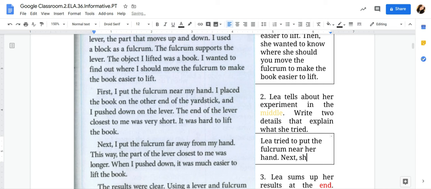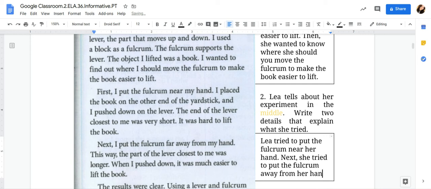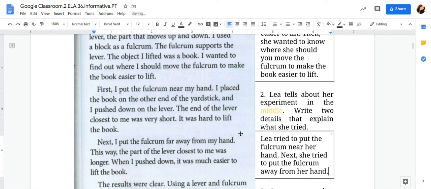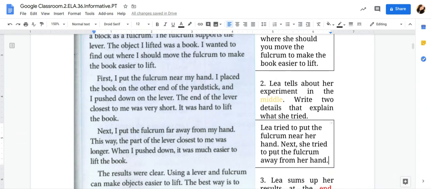Next, she tried to put the fulcrum away from her hand. So she had two. She tried it close, and then she tried it far away.